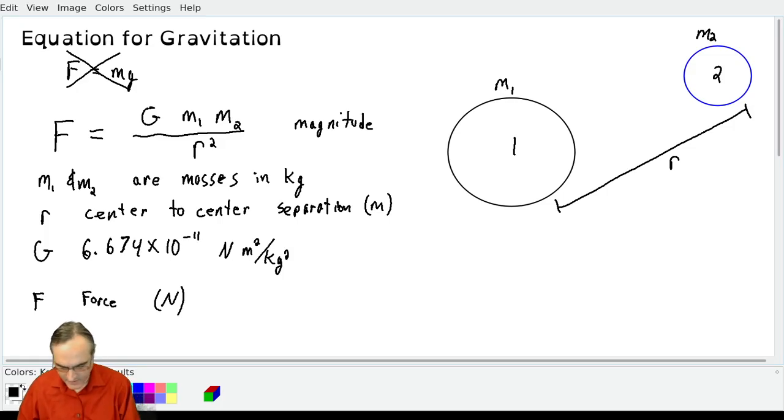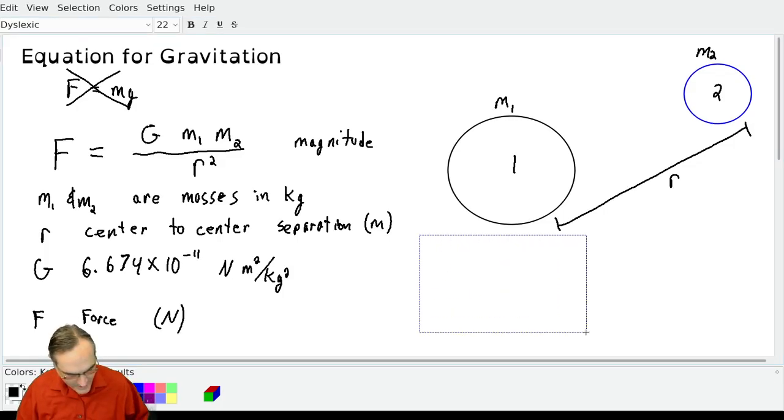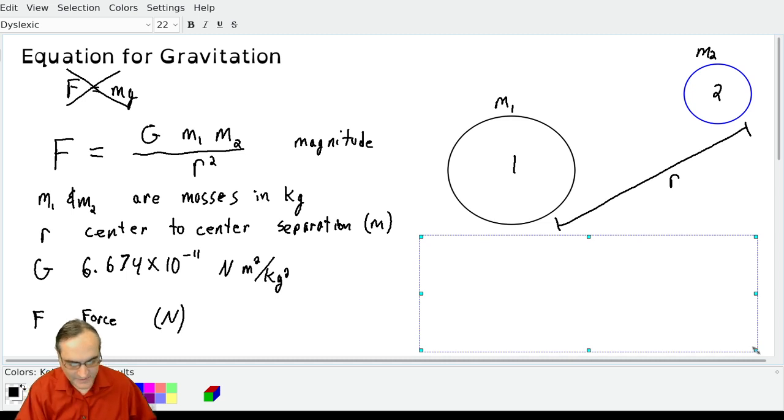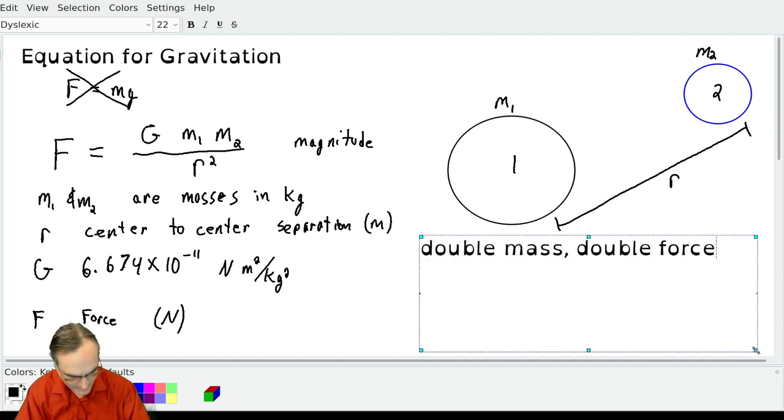Some things to notice about this. What happens if you double one of the masses? So if you double the mass, you'll double the force. If you double both the masses, well, now it'd be 4 times the force. But here's the interesting part.